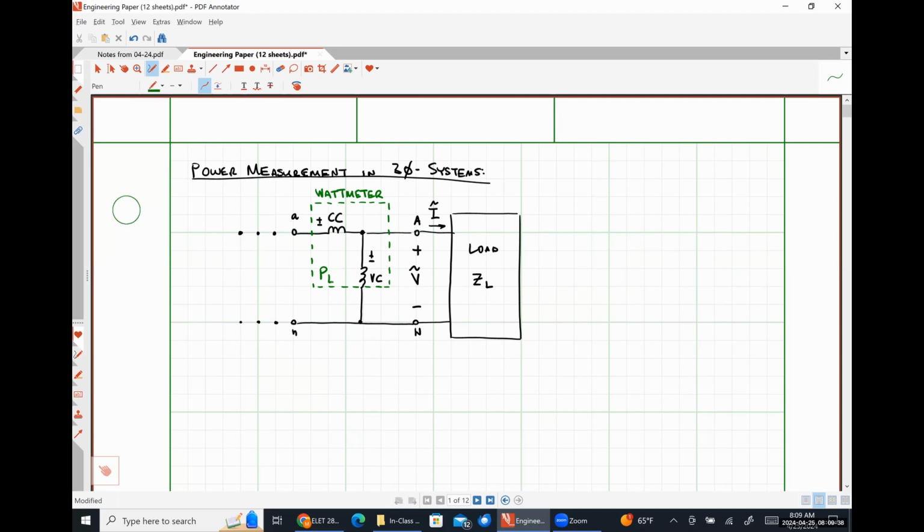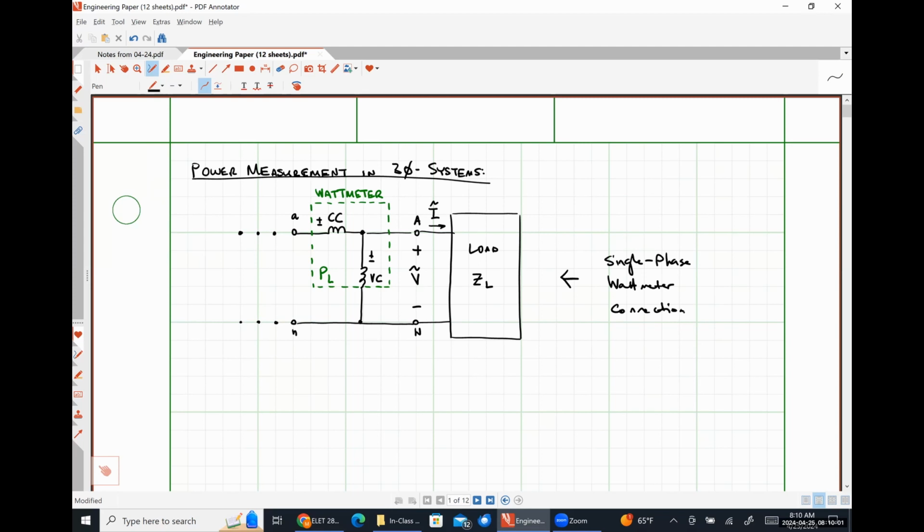Now we can expand this to a three-phase circuit pretty simply, right? So let me put a notation here. This is a single-phase watt meter connection.